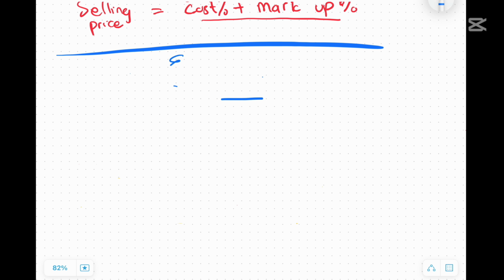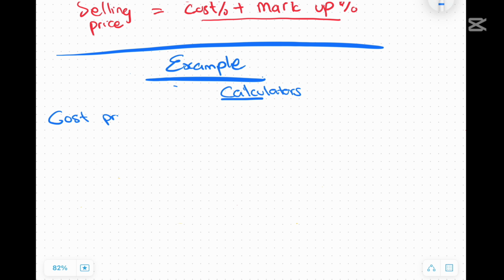Let us look at this example. Let's say this business sells calculators, and the information that has been given to you is this. The cost price is missing, so that is what you have to calculate.